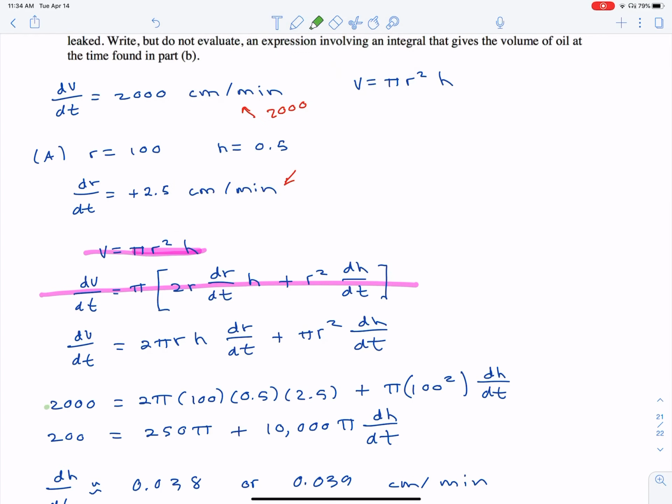What I'm going to do is take the amount of oil going in, right? There's a function for the amount of oil going in that was given by V, and there's also the amount of oil going out, for which they gave us a rate of change. But basically, if there's oil going in and oil going out, I'm going to subtract those two functions.